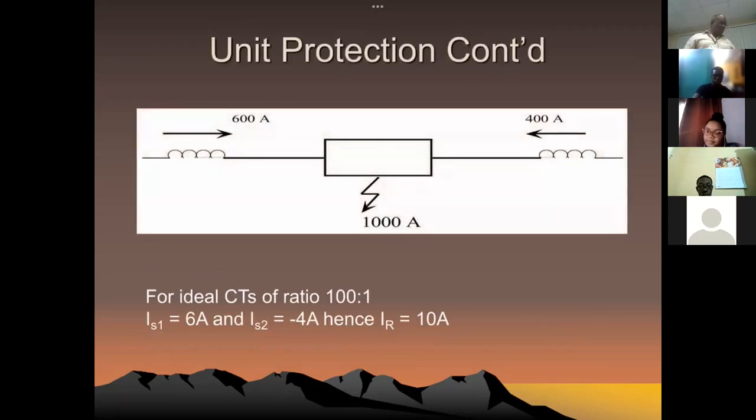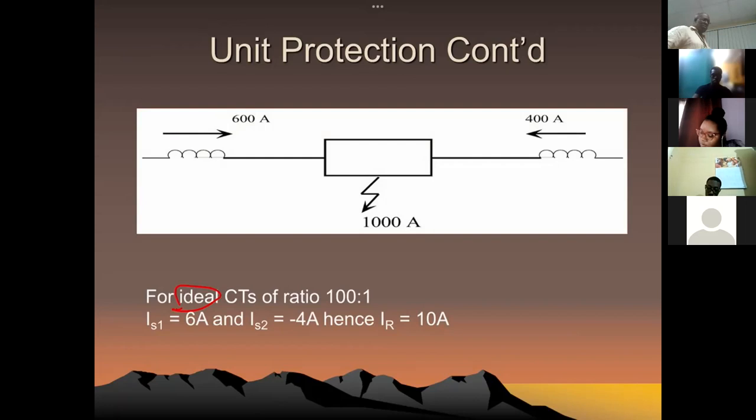So if we have a fault, let us assume that the turns ratio is ideal. And note, I'm very careful in repeating that we talk about ideal, because we know that CTs are electromagnetic devices, and so there are going to be some errors.